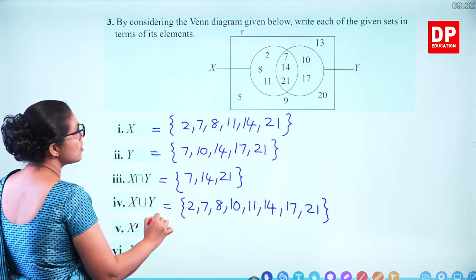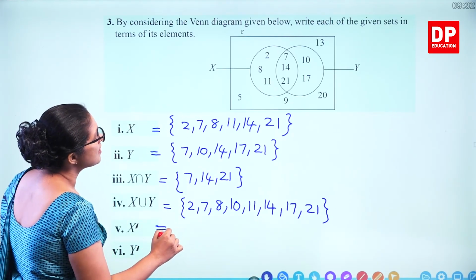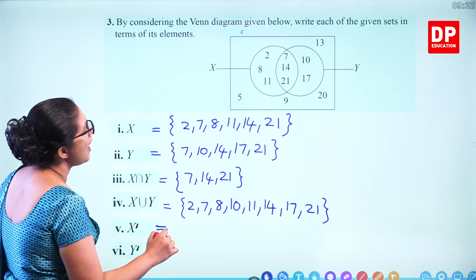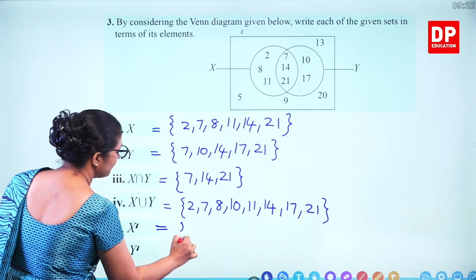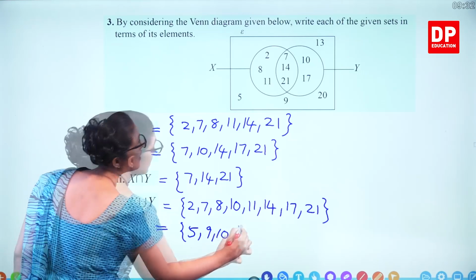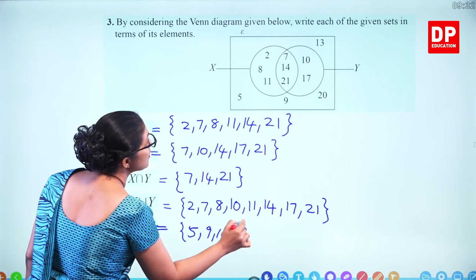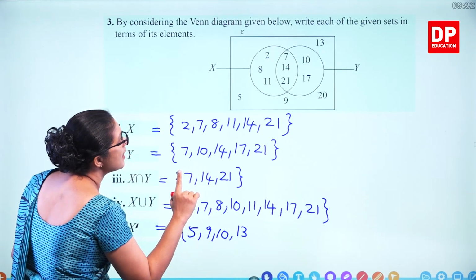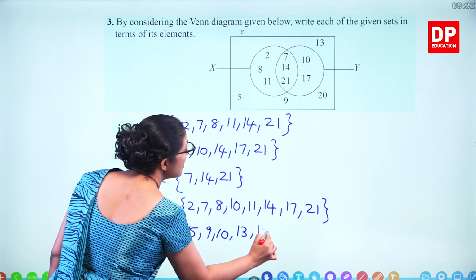X dash, everything outside X: 5, 9, 10, 13 also you have to say. 5, 9, 10, 13, 17, 20.